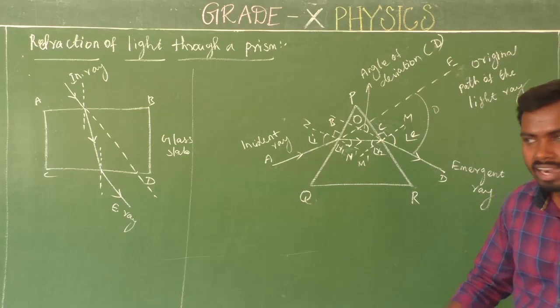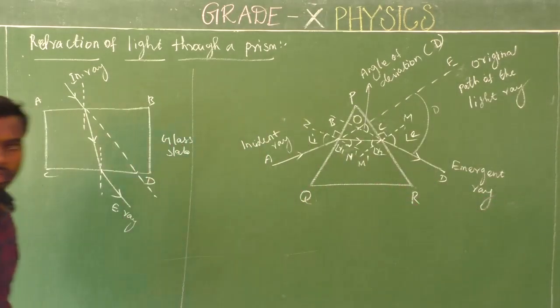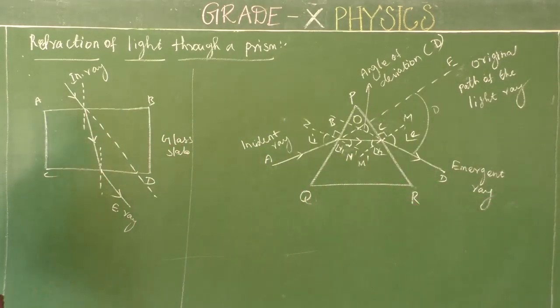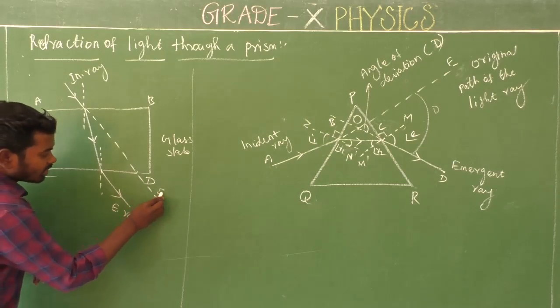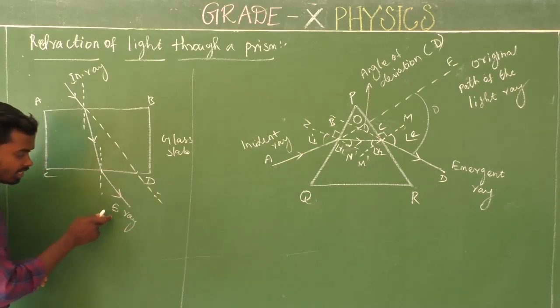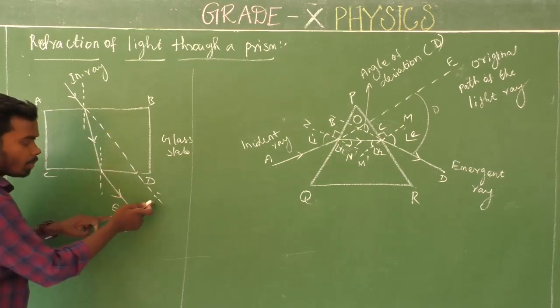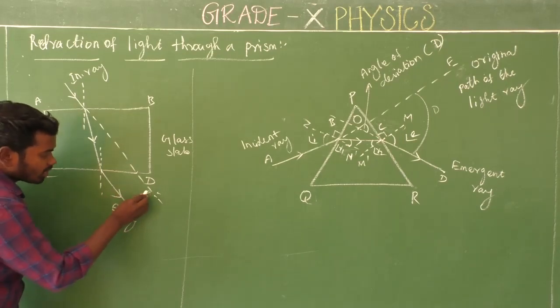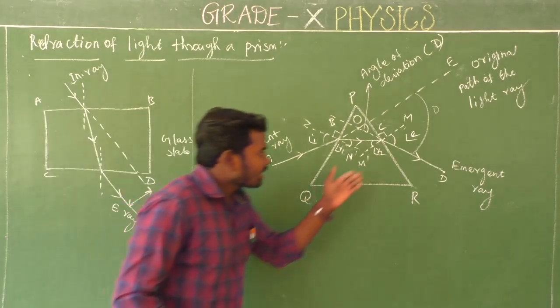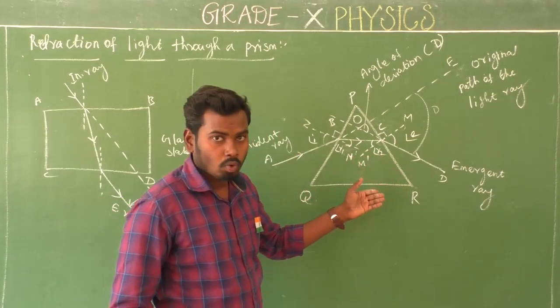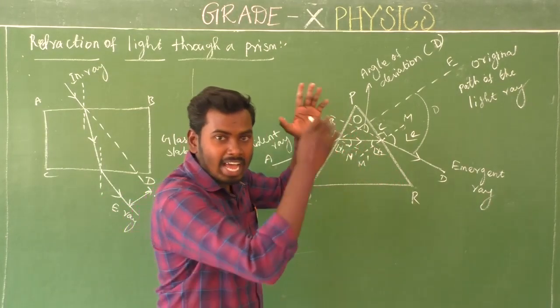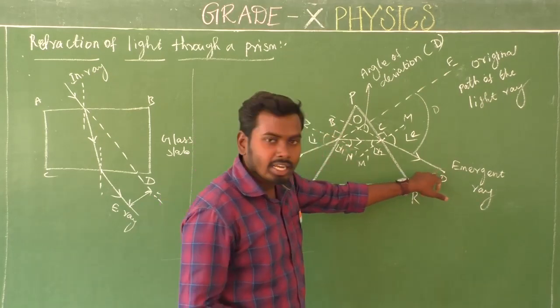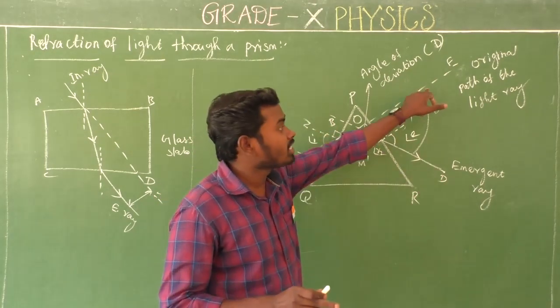But in a glass slab, this emergent ray and the original path of the incident ray are parallel to each other. Can you see this? But in a glass prism, due to the peculiar shape of the prism, the emergent ray is not parallel to the incident ray.